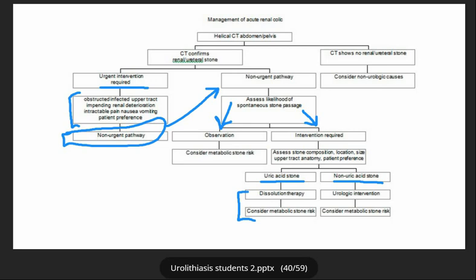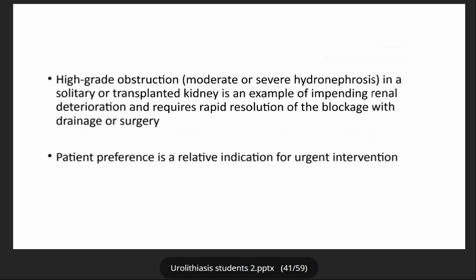For non-uric acid stones, you can also give some medication to try to treat the stone, but you have to look at the pH as well. If the pH is acidic, you have to alkalinize the urine, and you can give medication to try to move the stone down. Okay, that's it. So we go to the next slide.